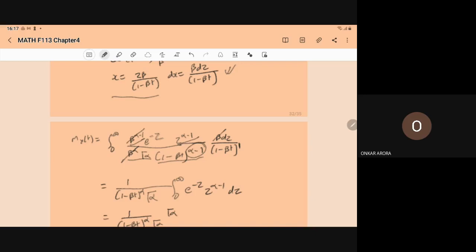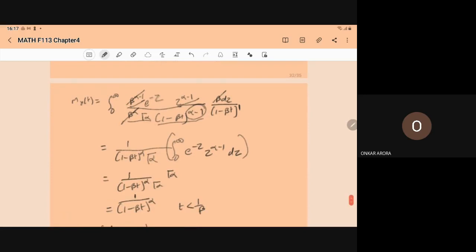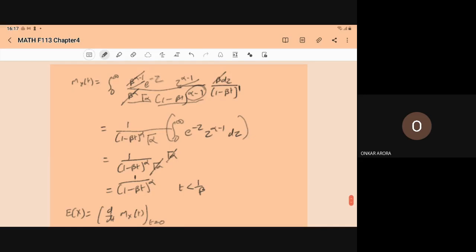So in the integral we have 0 to infinity e to power minus z, z to power alpha minus 1. And what is this integral? This integral is the gamma function, so that can be written as gamma of alpha. Gamma of alpha will cancel with gamma of alpha. So here we have 1 upon 1 minus beta t to power alpha.